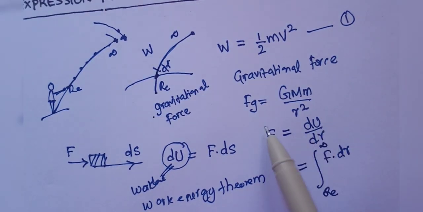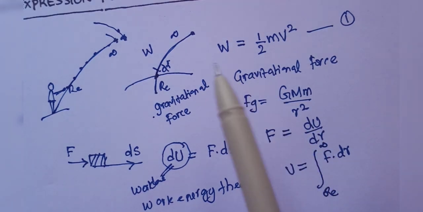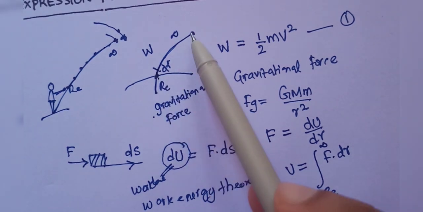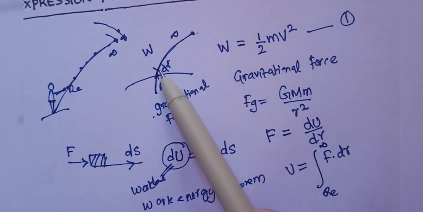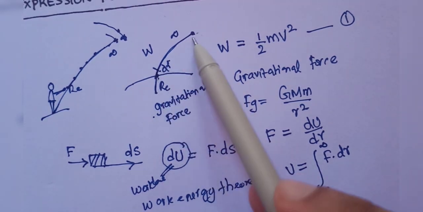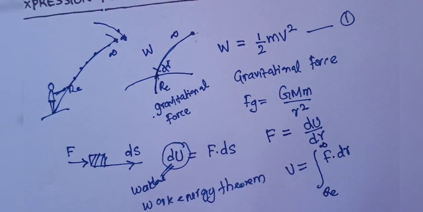So this is basically the fundamental which I have already explained, because if you take F into dr, you'll get dU. If you have to get the total U, then you need to integrate from the concerned limit. So here it is from Re to infinity, which is the required limit. Okay, and we already know that.